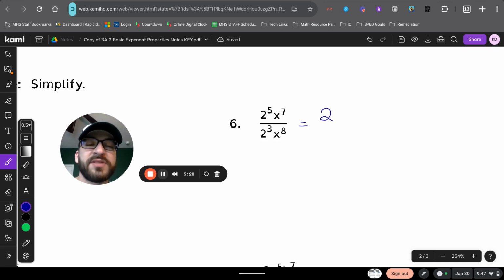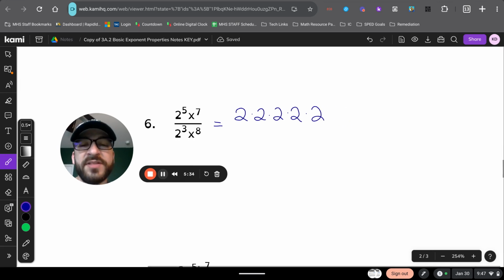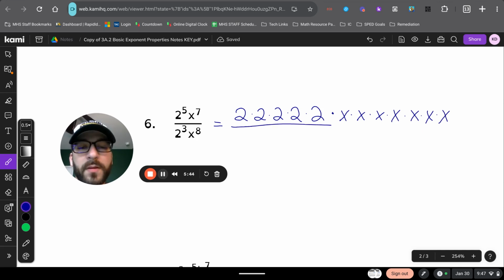So this would give us 2 times 2 times 2 times 2, so 5 2's, and then 7 x's, all over just 3 2's in the bottom, and this time 8 x's.